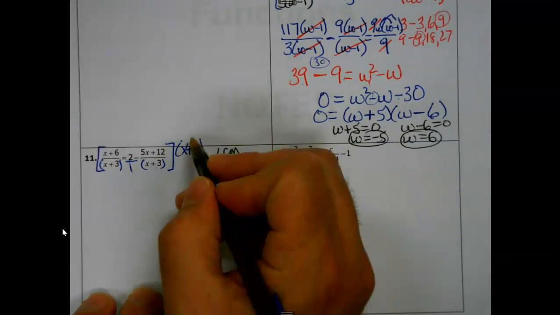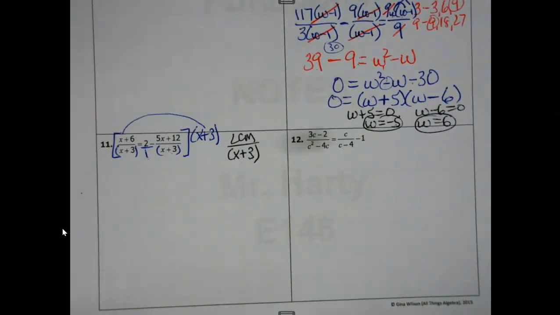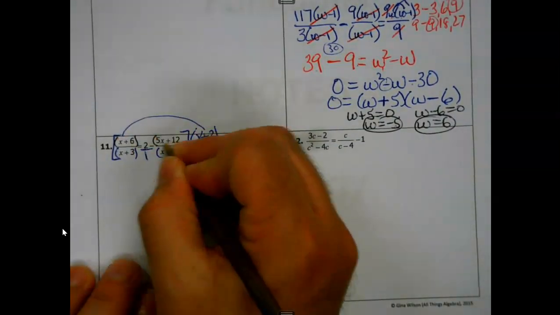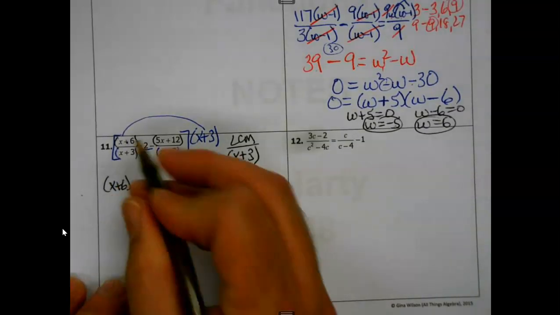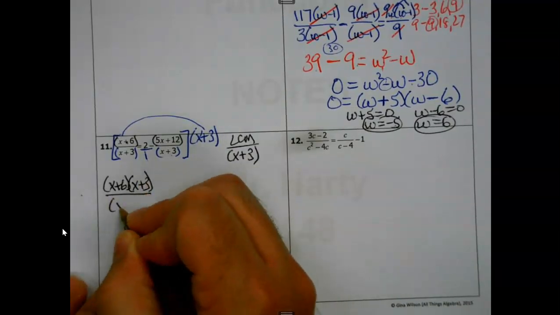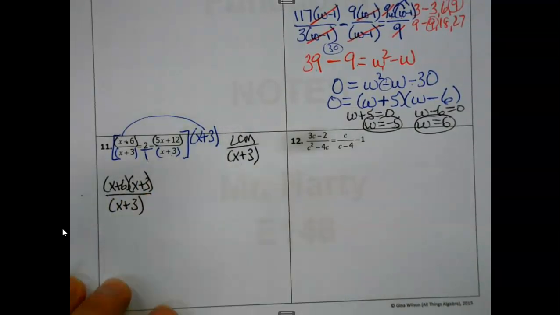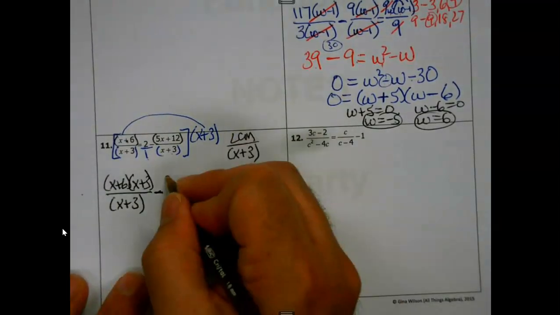because I can kind of see what's going to happen when I start to distribute. I'm going to have x plus 6 that's already there, x plus 3 over x plus 3. Yes, the canceling you think is going to be there will be there.